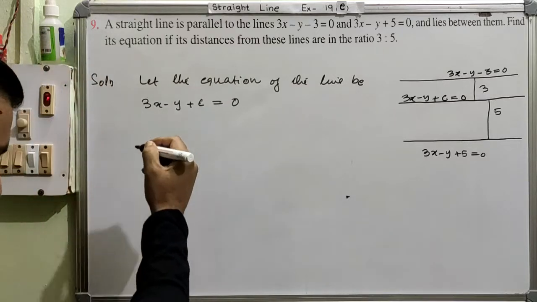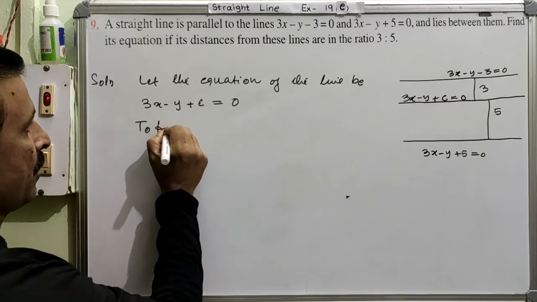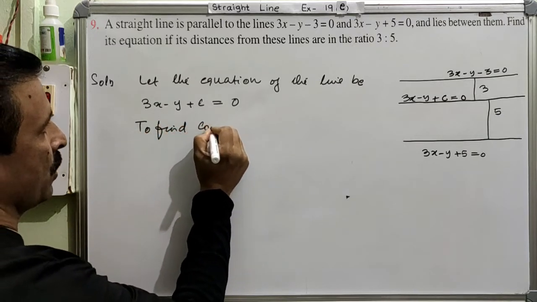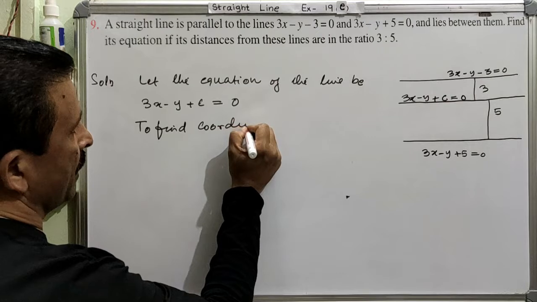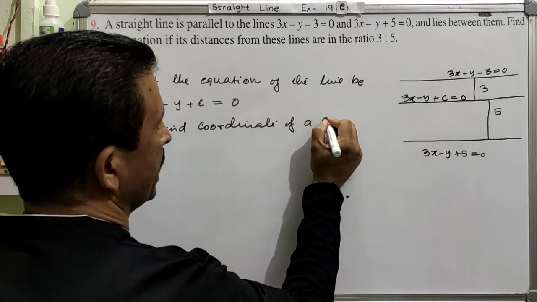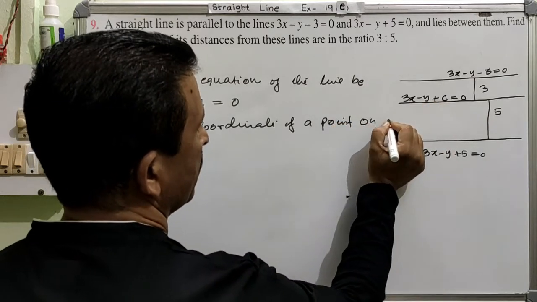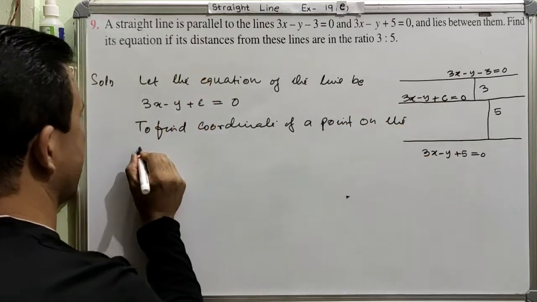So what we can do is to find the coordinates of a point on the required line.